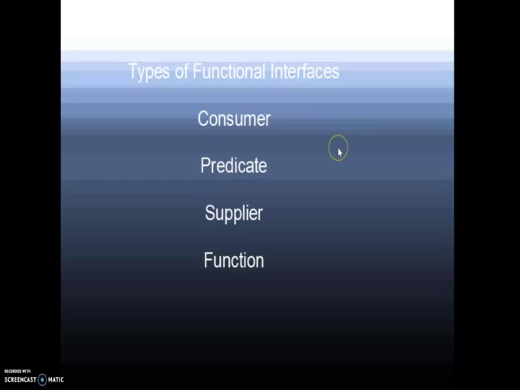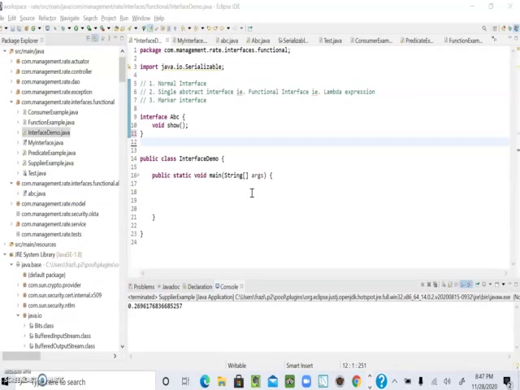There are four types of functional interfaces which were introduced in Java. These are the inbuilt functional interfaces which Java provides, that is consumer, predicate, supplier, and function. Before that, we can create a user-defined functional interface. In Java, we have three types of interfaces. A normal interface, wherein we define methods without any implementation.